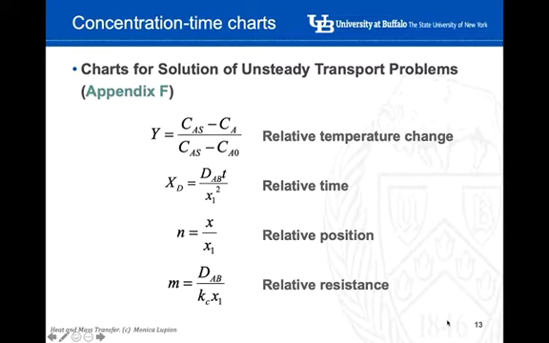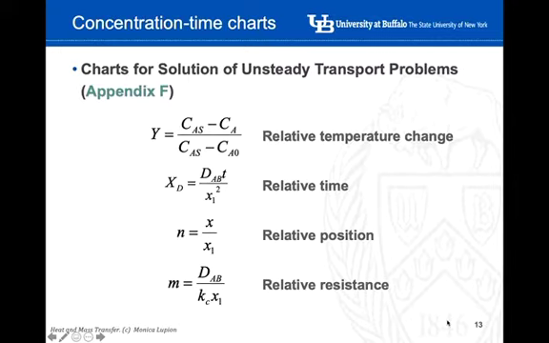So as mentioned, we're going to use the graphs in Appendix F. And in the case of mass transfer, we need to determine the value of the relative concentration change. There is a typo here. Relative time, relative position, and relative resistance.